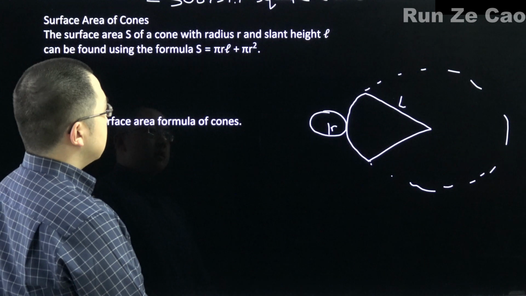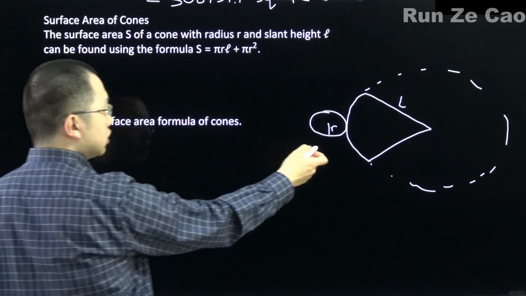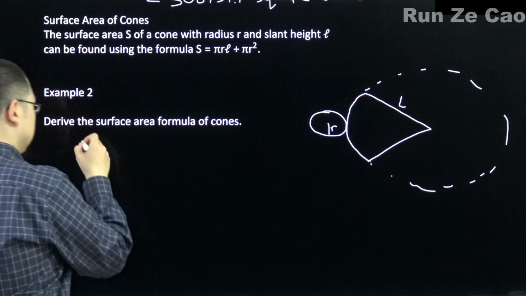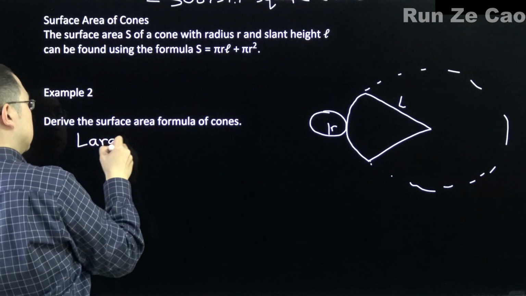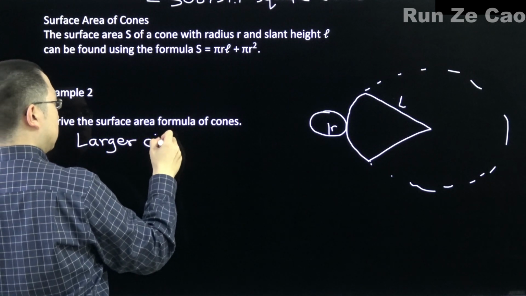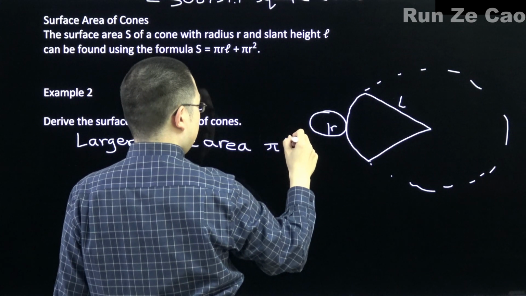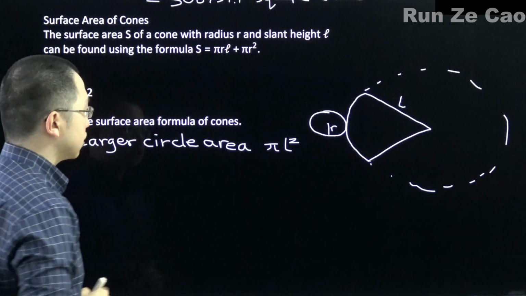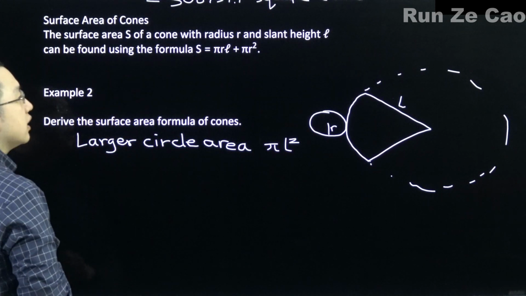What is the proportion of the larger circle? Larger circle. So pi L squared is the larger circle's area. How much of it do we have?